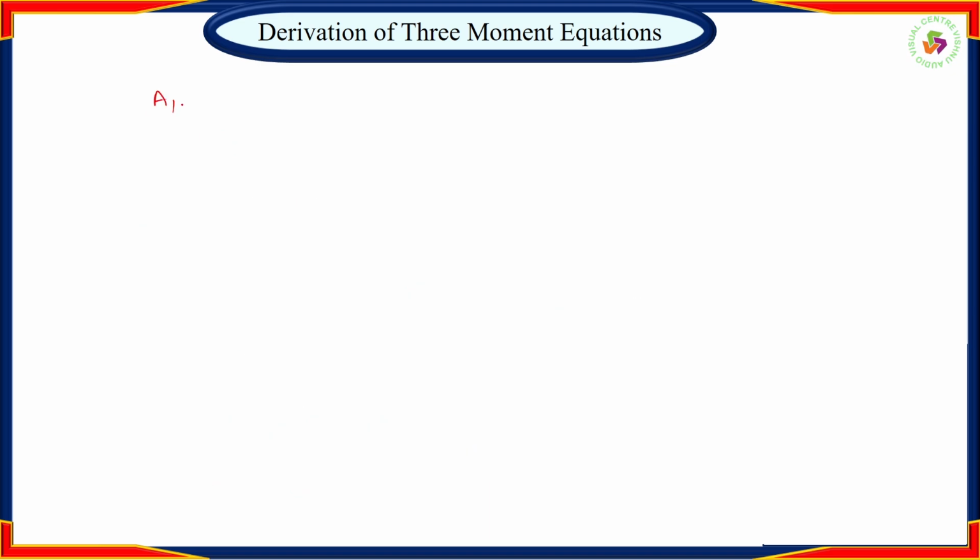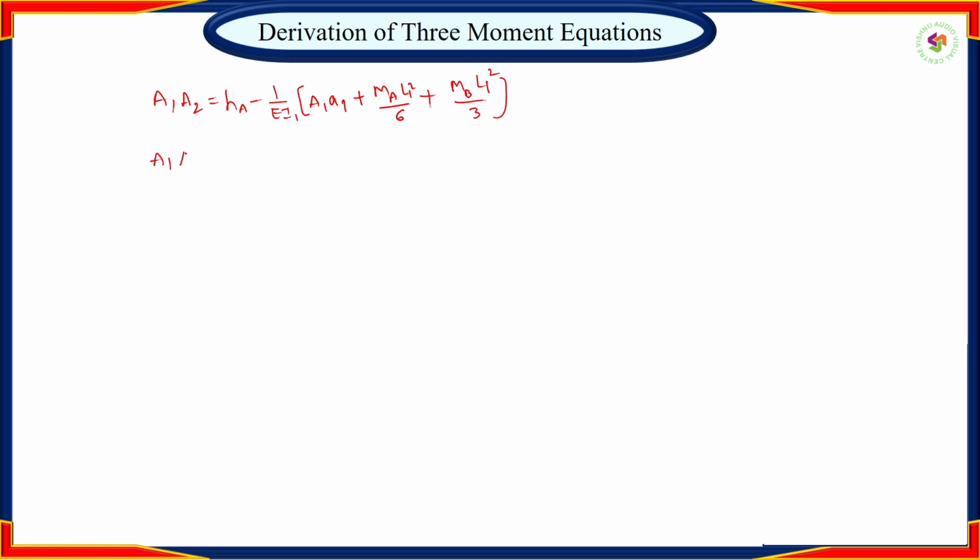Now we can write A1, A2 as HA minus 1 by EI1 into A1 plus MA L1 square by 6 plus MB L1 square by 3.